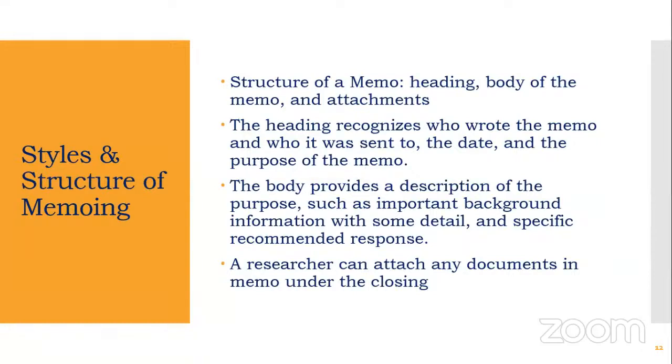The body provides a description of the purpose, such as important background information with some detail and a specific recommended response. A researcher can also attach any documents to the memo under the closing. So these three are very distinct parts of the memo that the researcher is developing.